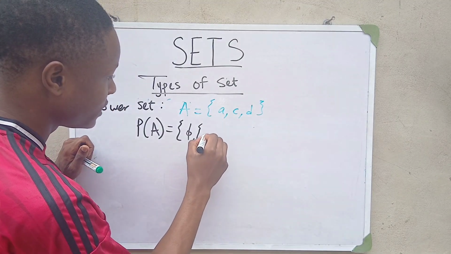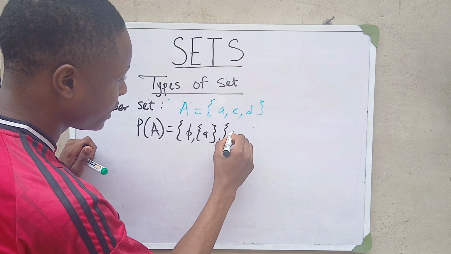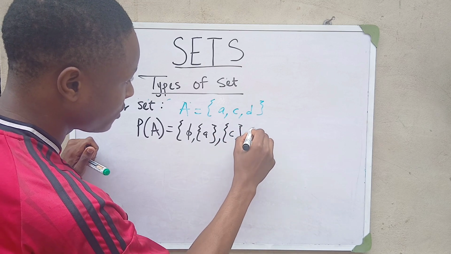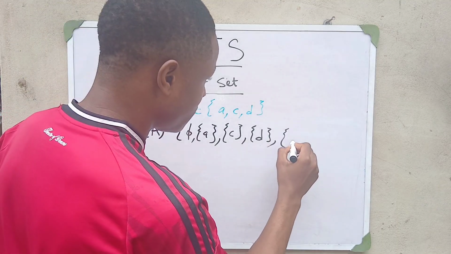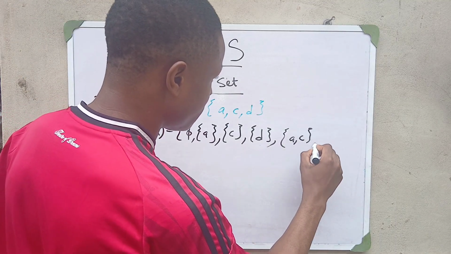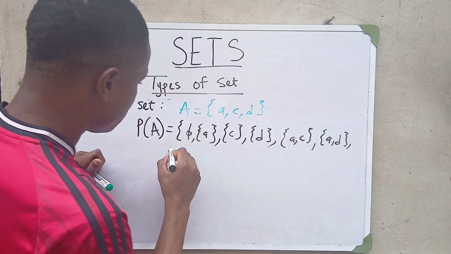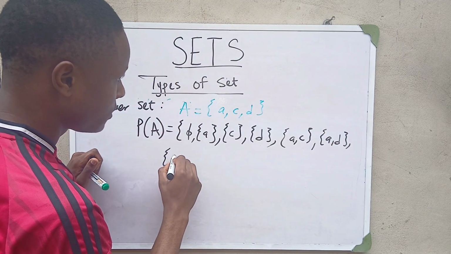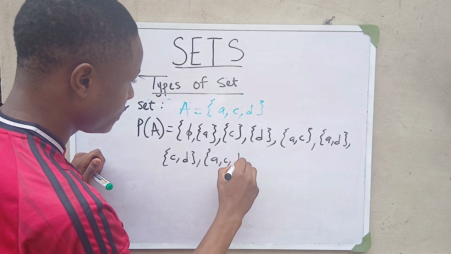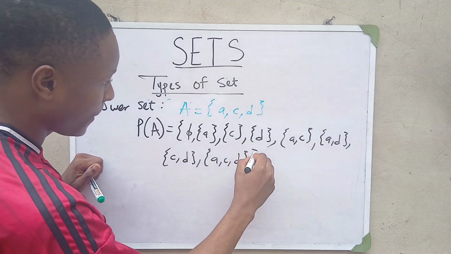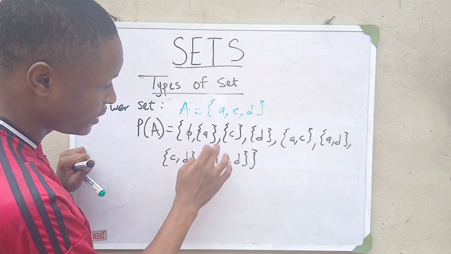Another set we can get is only A, a set that contains only A. Another contains only C, and another contains only D. Then A, C; A, D; C, D; and A, C, D. This set is a subset of itself.